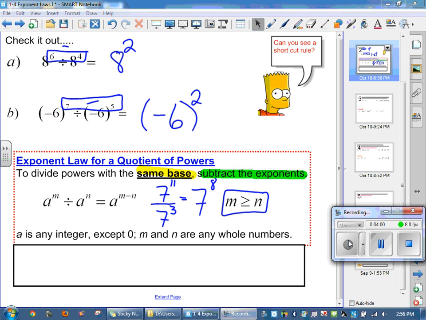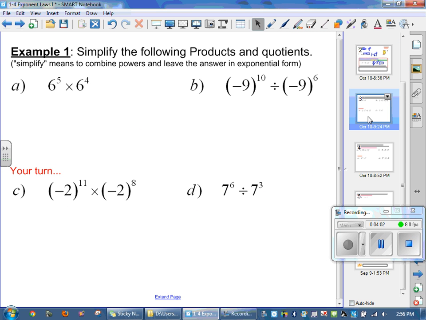Okay, continuing on, we're going to do a couple examples. So, again, remember that it's opposite functions. As long as our base is the same, we can use the rules. But again, we must be multiplying or dividing to use the rules. The rules don't work if we're adding or subtracting. So, multiplying, excellent. Now I can add the exponents because my base is the same. I'm going to get 6 exponent 9.